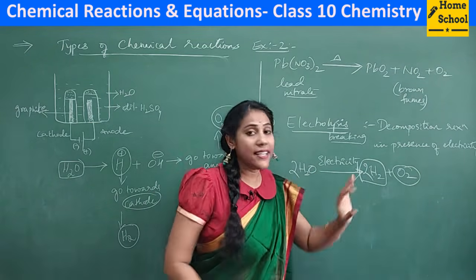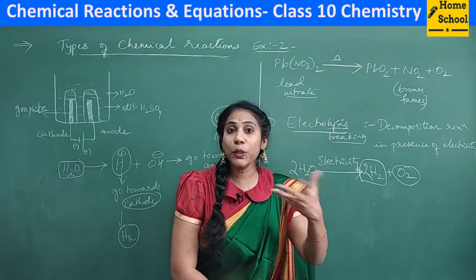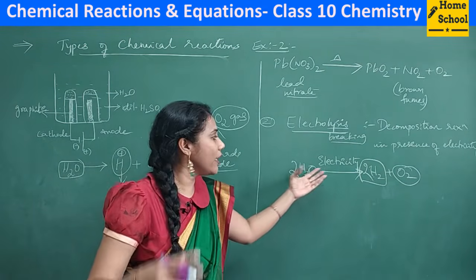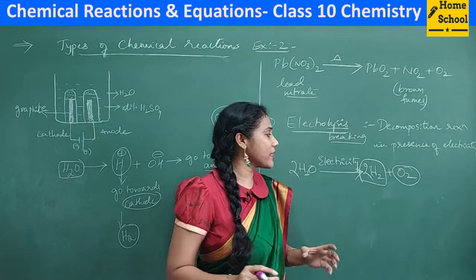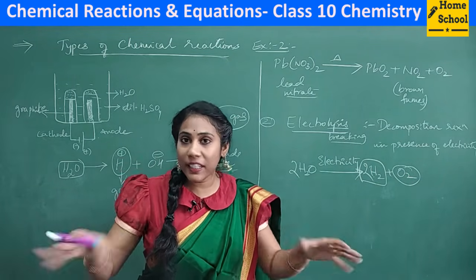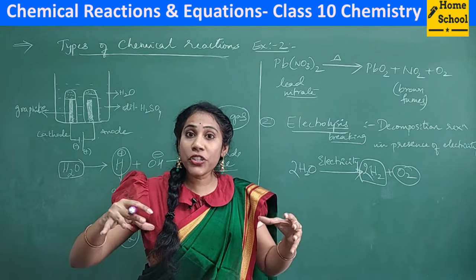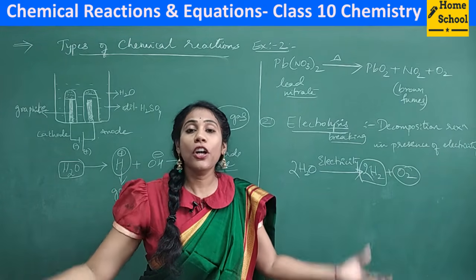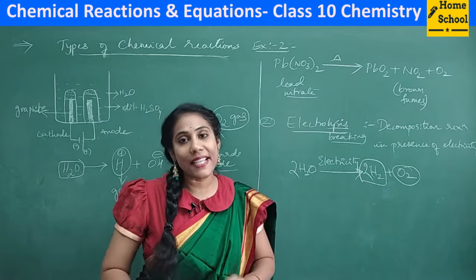So always more hydrogen gas you will get. Once the water has broken into hydrogen and oxygen, both gases you are not getting in equal volume. Hydrogen gas you will get in more amount, oxygen gas in less amount.